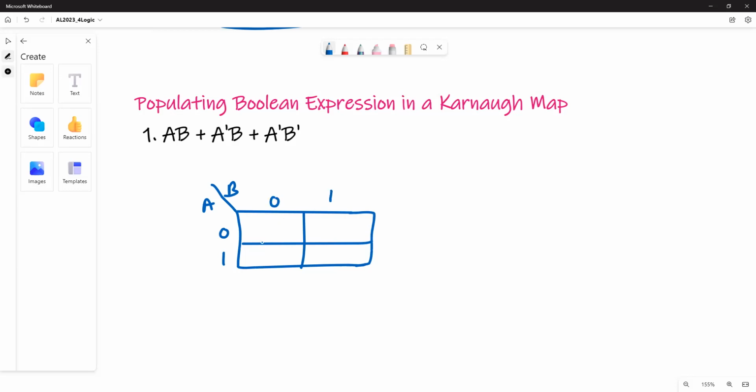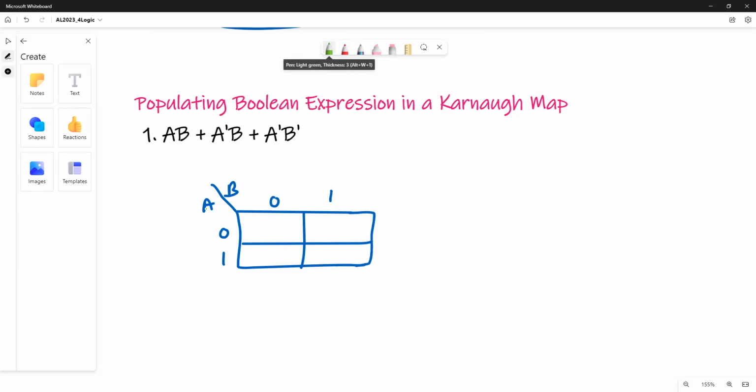Right now, each of these cells, we know that this is A bar B bar, this is A bar B, this is A B bar, this is A B, if you remember the values, right? So now we put the values. So first one, AB.